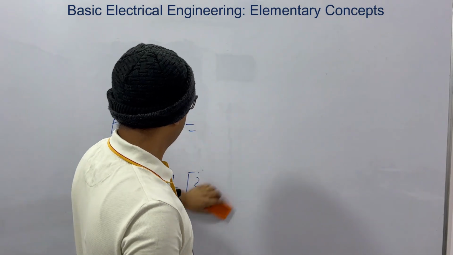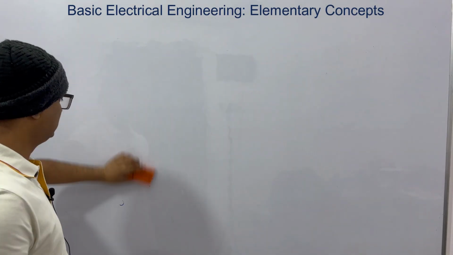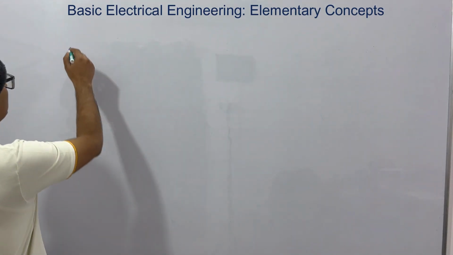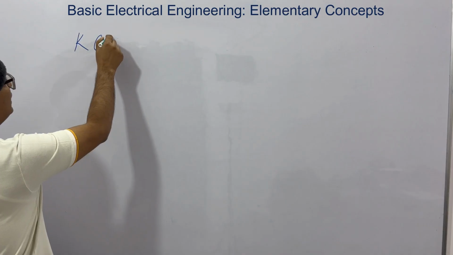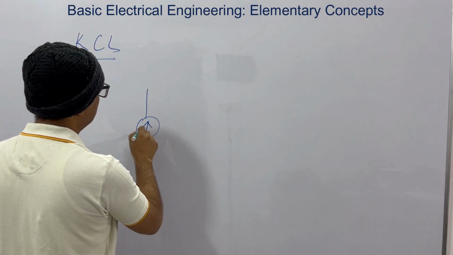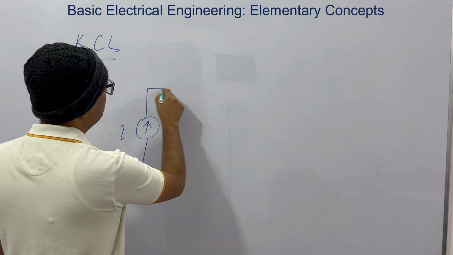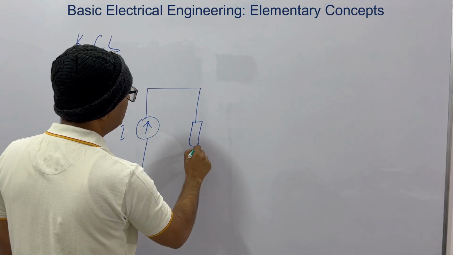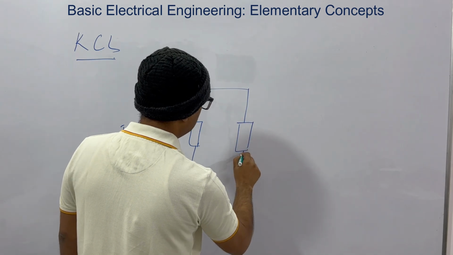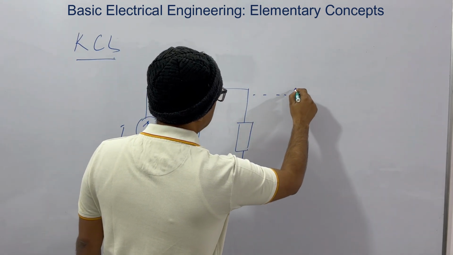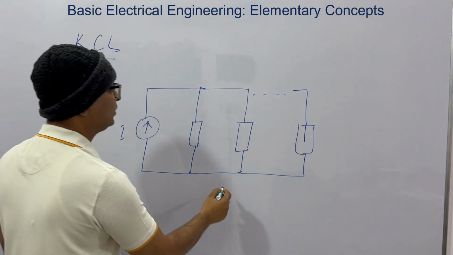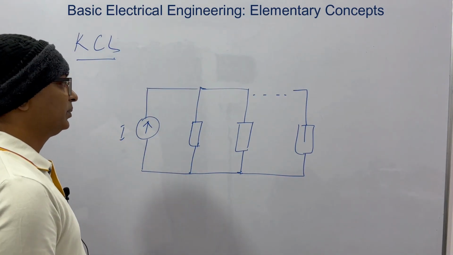Now a brief recap of KCL and KVL, so that when I start analyzing circuits, you don't get confused. First is Kirchhoff's current law. What is it? Let's say we have a current source I, and we have certain elements. Why am I using this? Because it may be a resistor or an inductor or a capacitor.